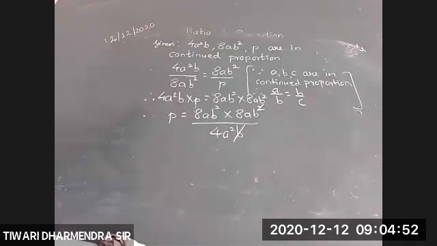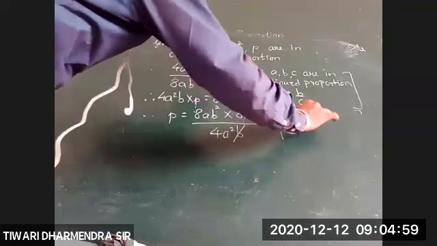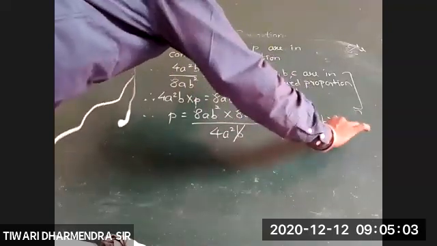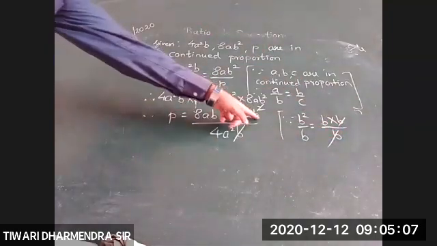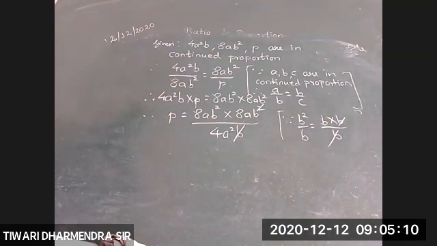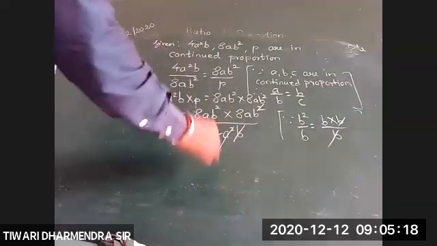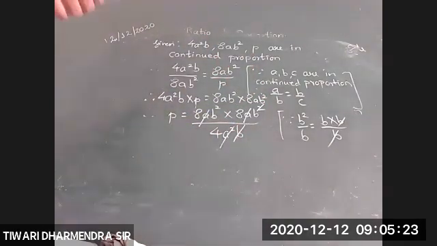Now, if you have any doubt how I cancelled b and square, we have a reason: b square by b can be written as b into b upon b. b gets cancelled. What remains? Only b remains. This is how we have applied the concept of cancellation here. a square gets cancelled: 1a, second a, means a square gets cancelled.